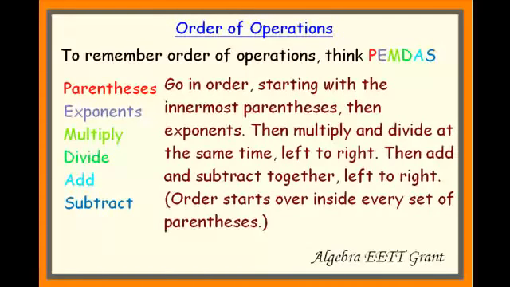So the order starts over inside every set of parentheses. So parentheses around something means you have got to completely simplify everything in that parentheses before you move on to those next steps. Okay, so please excuse my dear Aunt Sally or PEMDAS, either one that you can remember, you got to remember the order of operations.